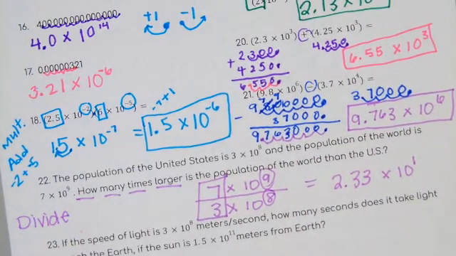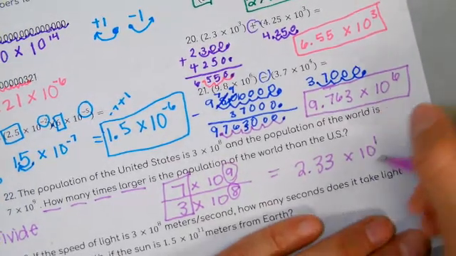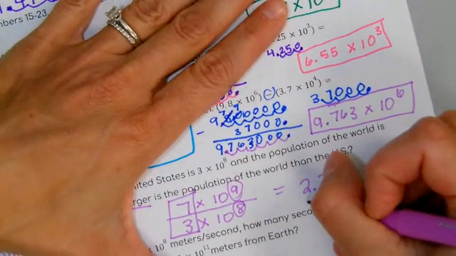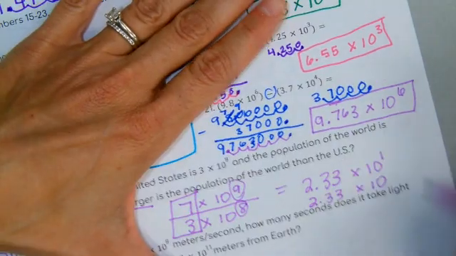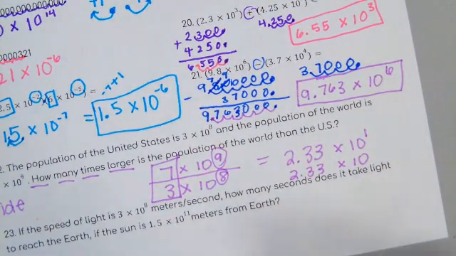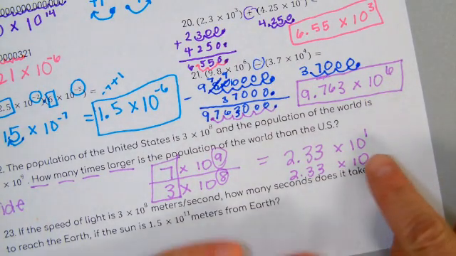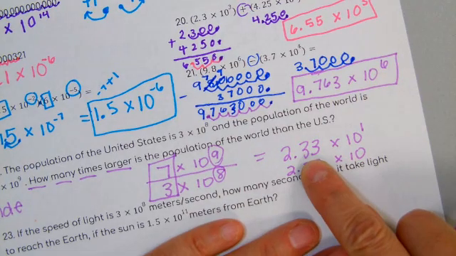This is technically a correct answer, right? This is also a correct answer if I were to put 2.33 times 10 because there's a hiding 1 on there. If it asks you to put it in standard form then, right, that 1 means I would move the decimal out 1 spot.